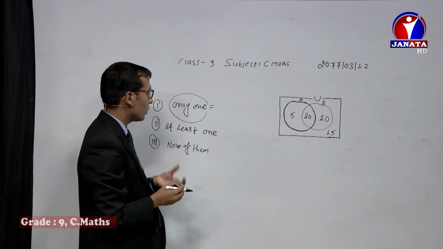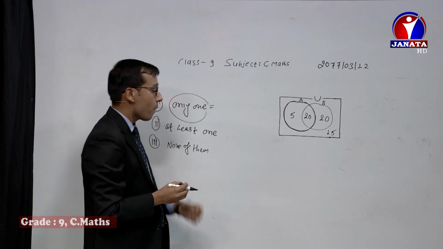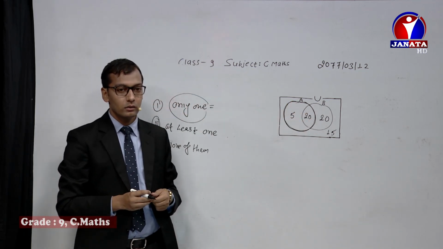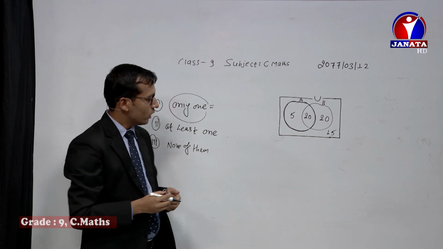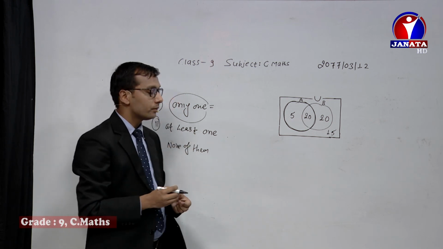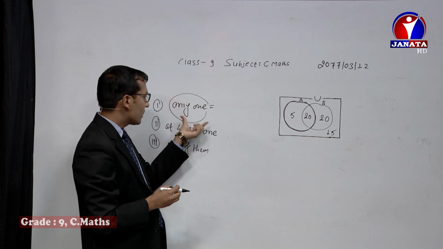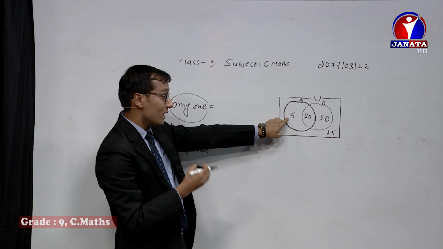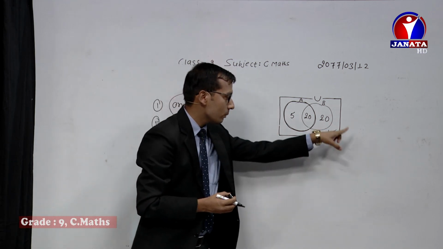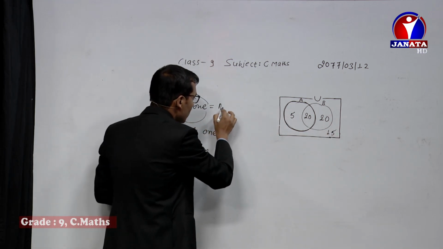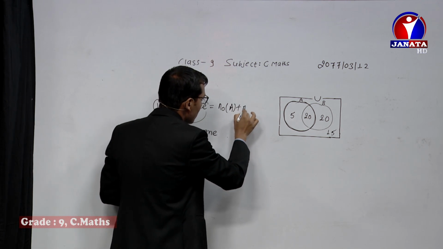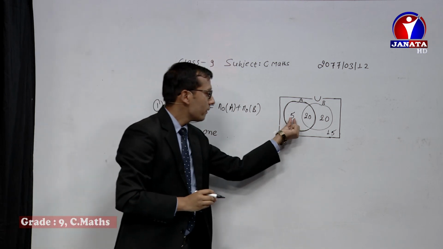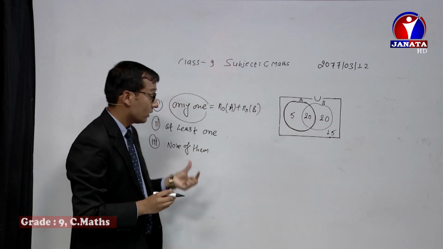Either a student likes only subject A or only subject B. So it's n only A plus n only B. So we can add the numbers 5 and 20 and get the answer.